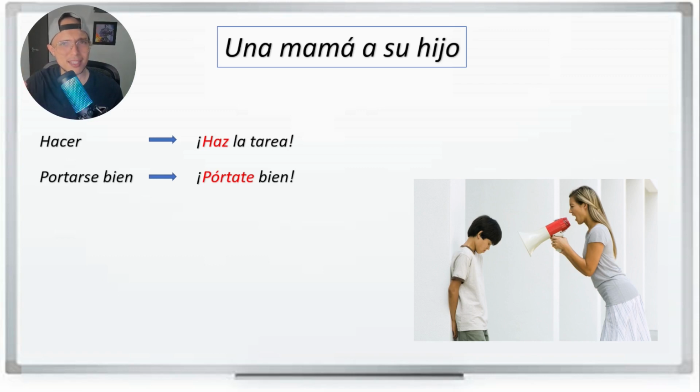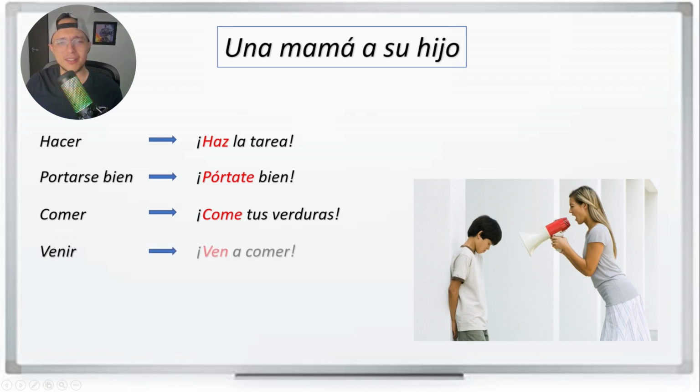You can see portarse is reflexive, so we say pórtate bien, behave. Or comer, come tus verduras, eat your vegetables. With venir, ven a comer, come to eat. Or with respetar, to respect, respeta a tus mayores, respect your elders. One more time, respeta a tus mayores.